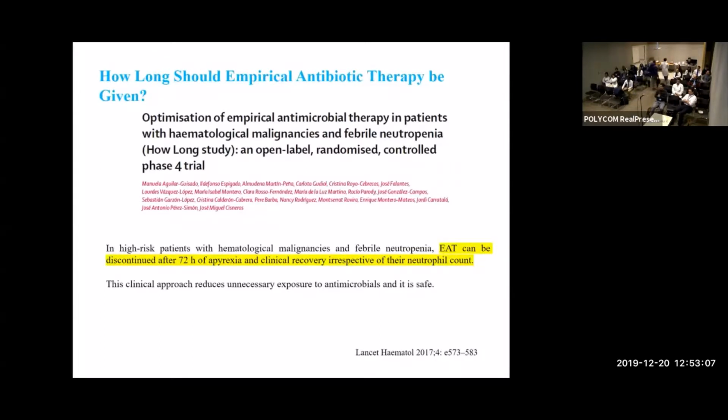It wasn't until 2017 that a Spanish group challenged these concepts, and they did the first and, at the time, only open-label multi-center randomized trial, comparing two groups. The conclusion was that empiric antibiotic therapy can be discontinued after 72 hours of absence of fever and clinical recovery, irrespective of the neutrophil counts.